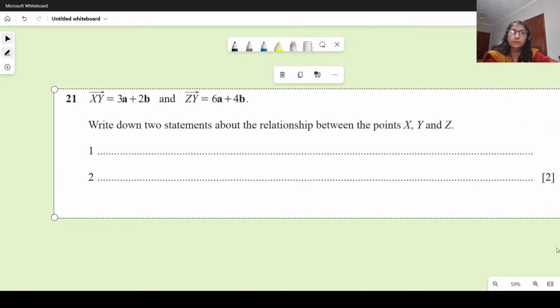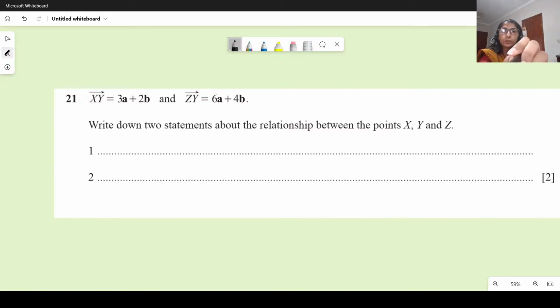Two statements about the relationship between x, y, z. So we can see that zy is actually double of xy.